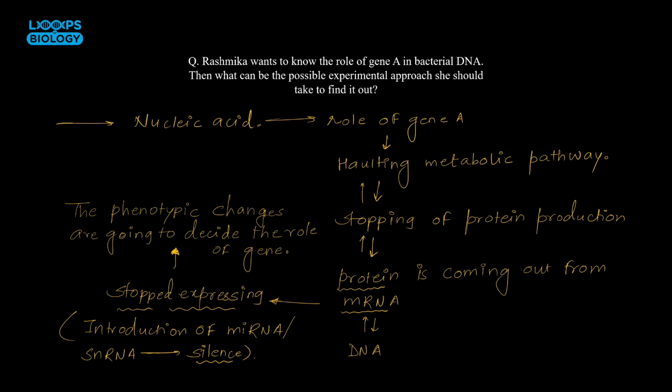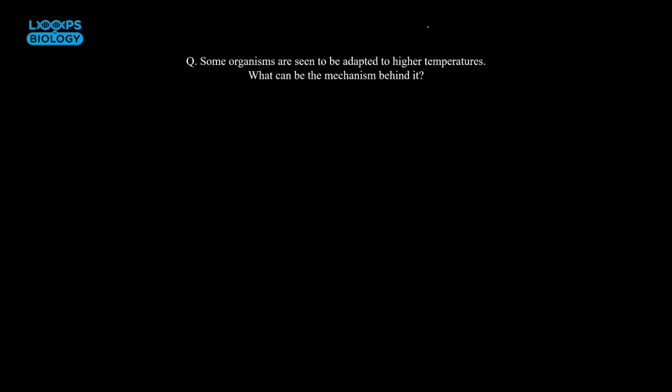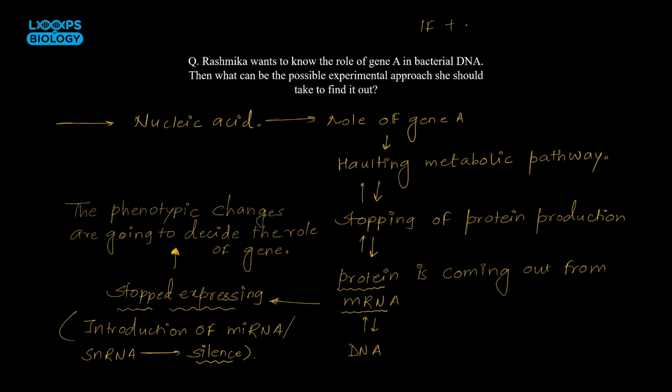Got my point? And if you want to see the working of that particular gene, where that particular gene product is basically working, if the site of the product to work in the cell has to change, then you can add a radioactive tag on that particular product.